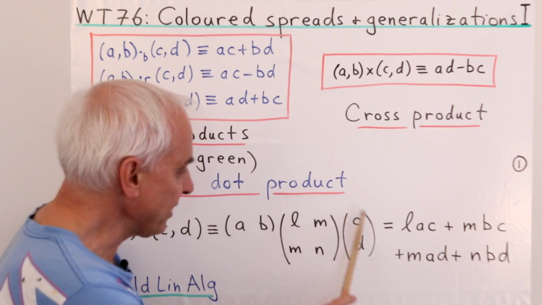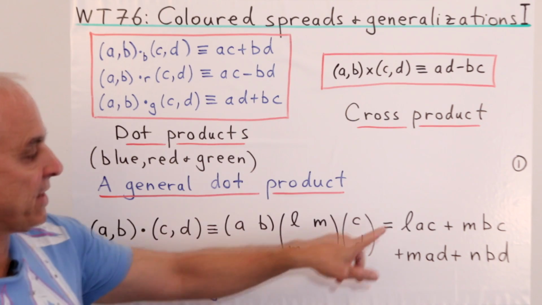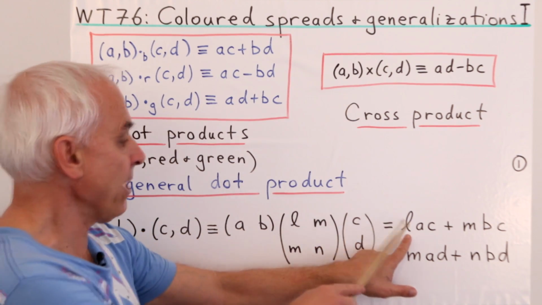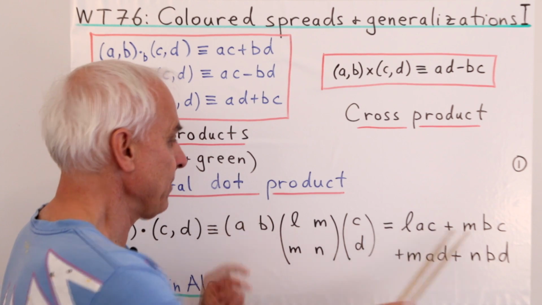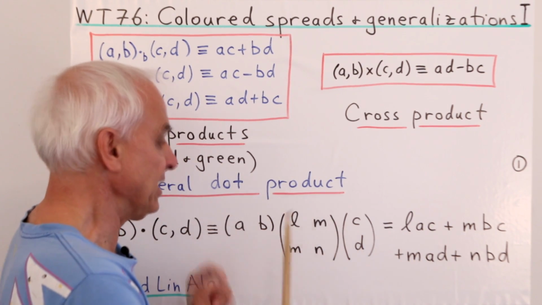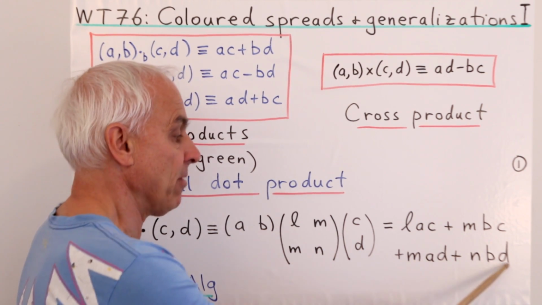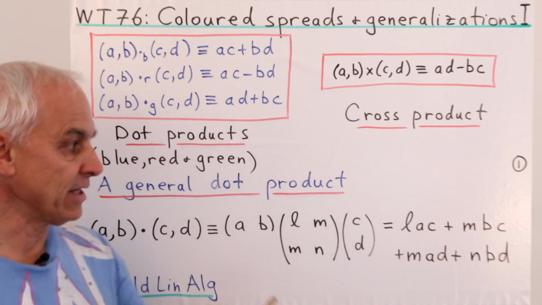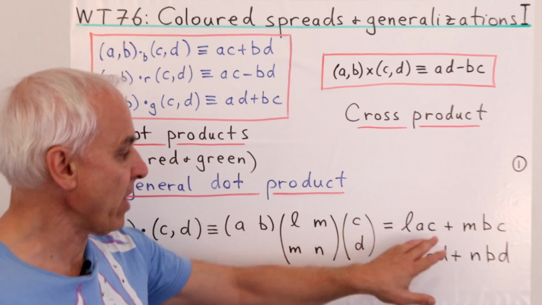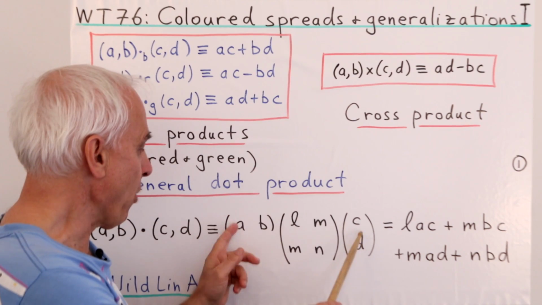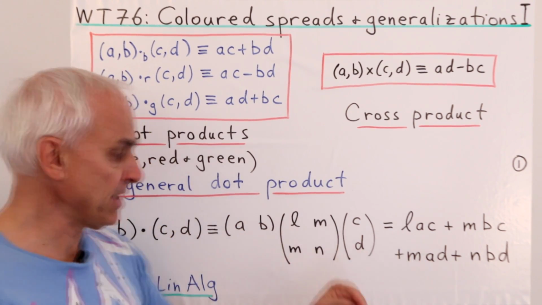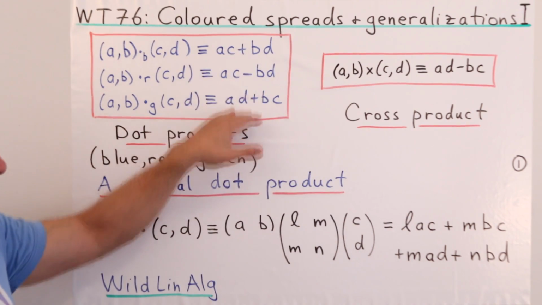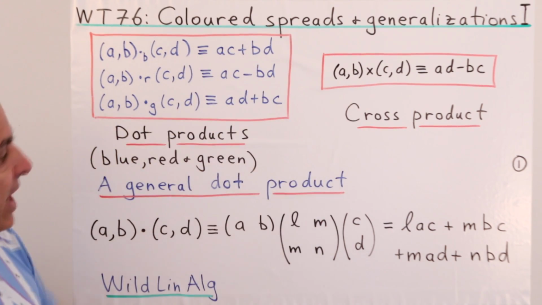Now, if we actually write this out using linear algebra, we see that it has the expression L times AC plus M times BC plus M times AD plus N times BD. So it's a linear combination of these various quadratic products that you can form from the entries here multiplied by the entries here. And you can see that this is a generalization of this here. These are all special cases.